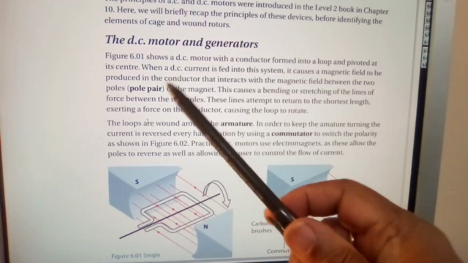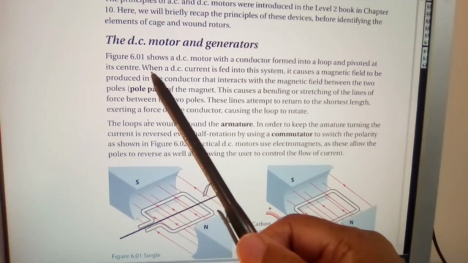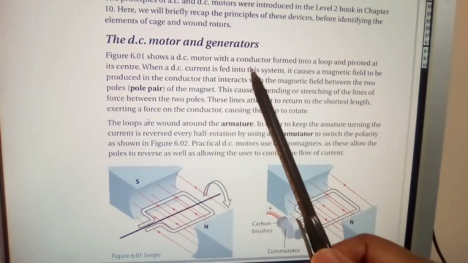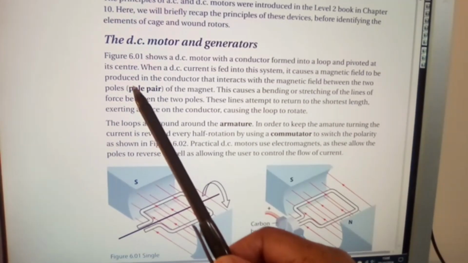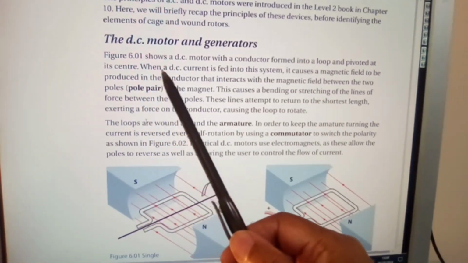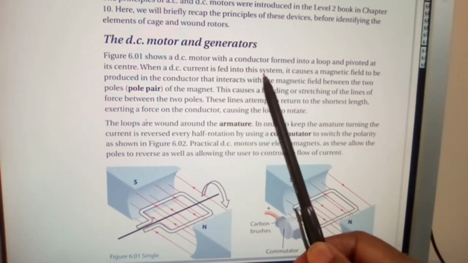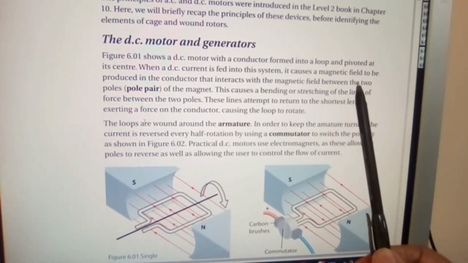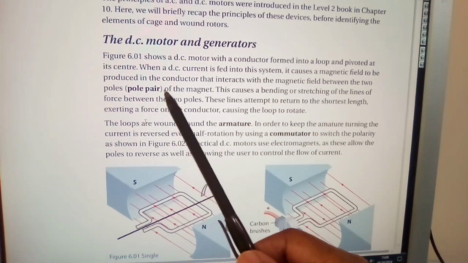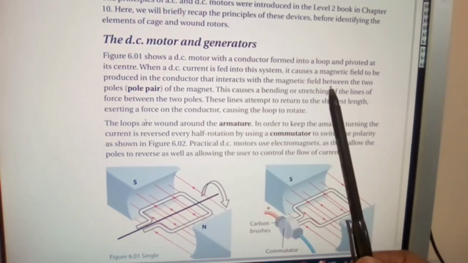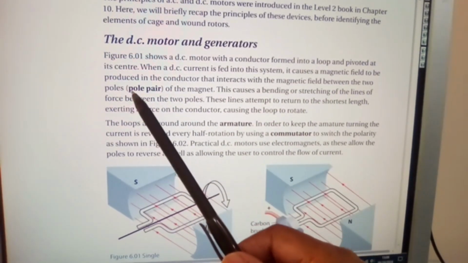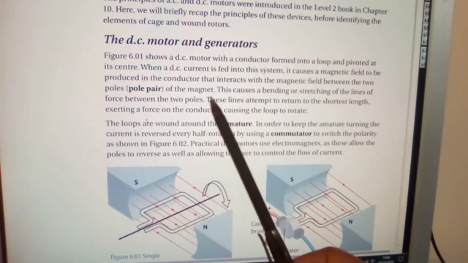The DC motor and generators. Figure 6.01 shows a DC motor with a conductor formed into a loop and pivoted at its center. When a DC current is fed into this system, it causes a magnetic field to be produced in the conductor that interacts with the magnetic field between the two pole pair of the magnet.